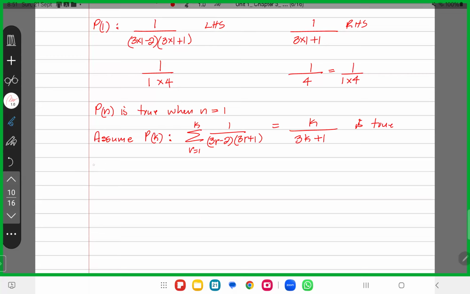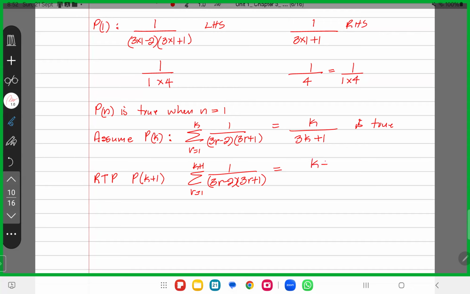Then we are required to prove that Pk plus 1, which is the sum of the same series from r is equal to 1 to k plus 1 of 1 over 3r minus 2 multiplied by 3r plus 1 is equal to, over to the right, wherever I see n, I'm going to put k plus 1.